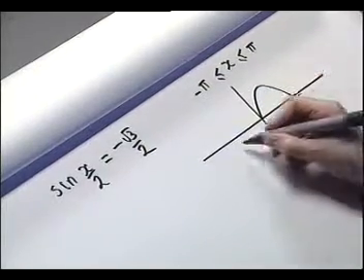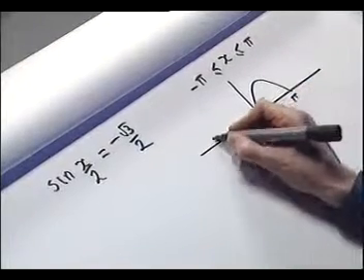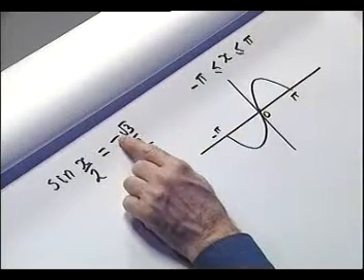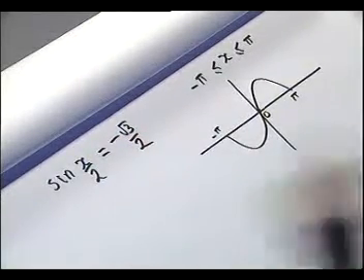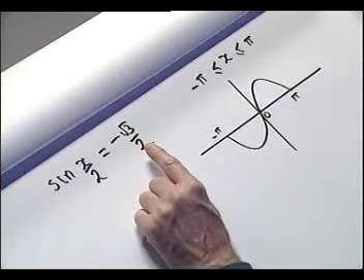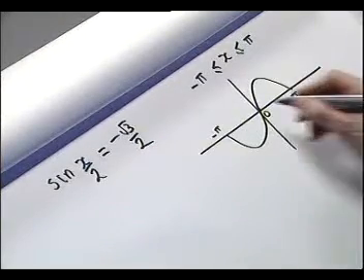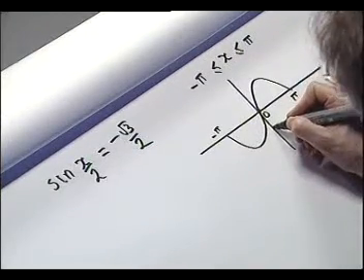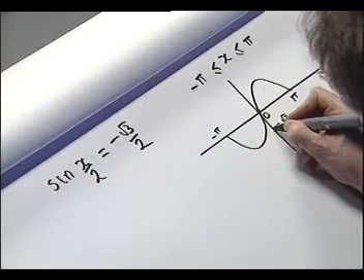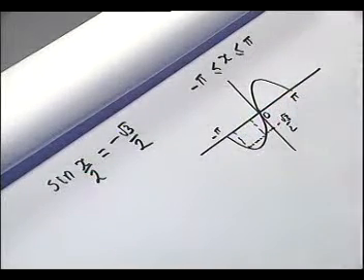So it's there and there. Pi, 0 and minus pi. We're looking for minus root 3 over 2. Now the one thing we do know is that the angle whose sine is root 3 over 2 is pi by 3. But we want minus root 3 over 2, so that's down there. We go across and we meet the curve at these 2 points.